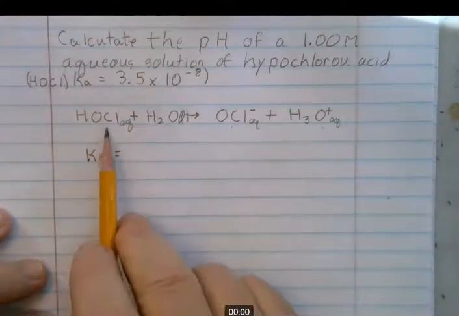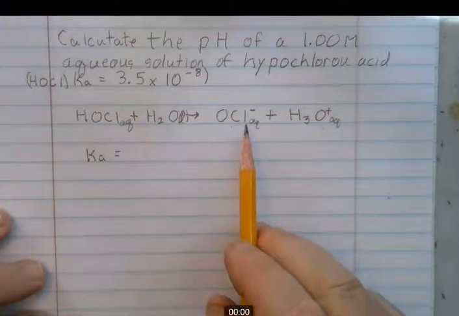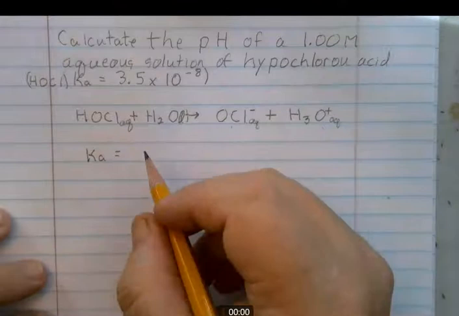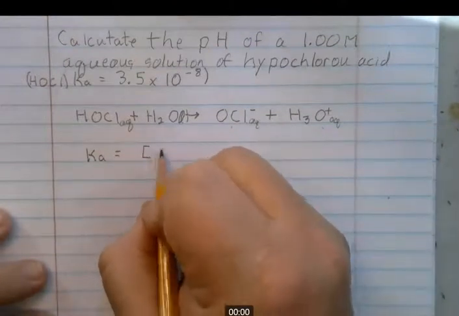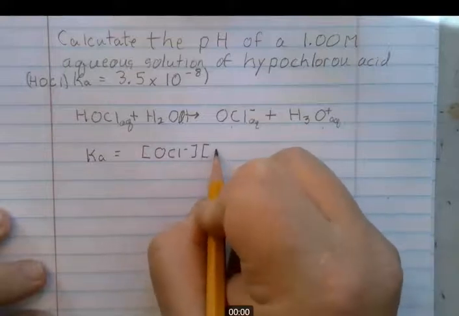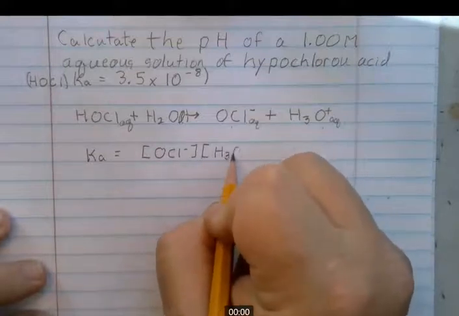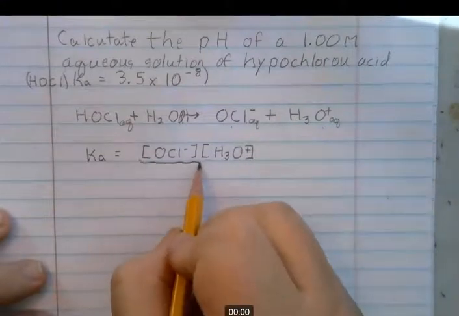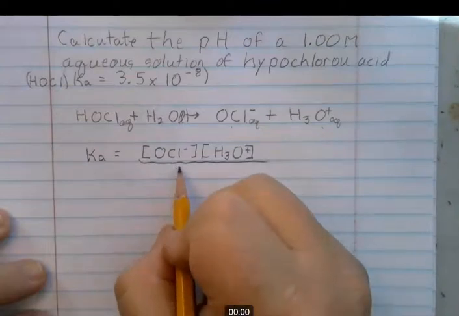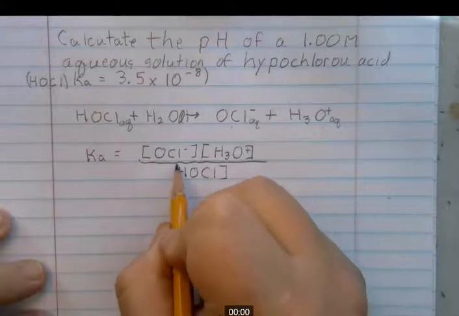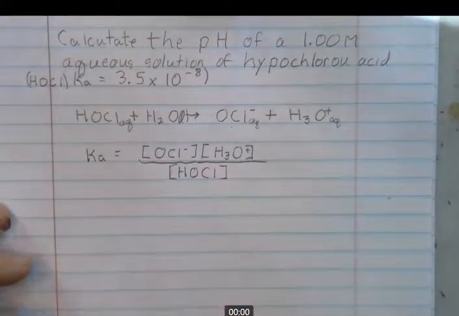One acid molecule breaks into a conjugate base and a hydronium. So we get this on the product side, and on the bottom, the only thing we have is HOCl.